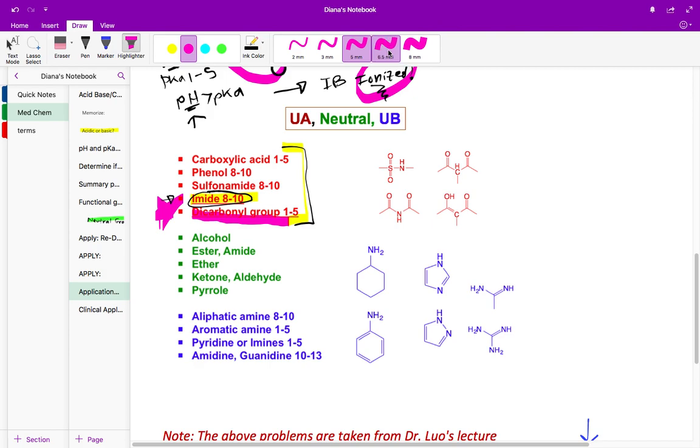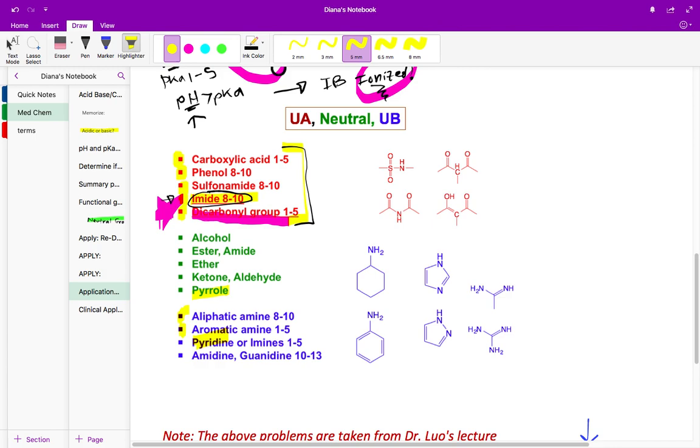You would want to know the carboxylic acid pKa. That's important. The phenol, the sulfonamide, the amide. Dicarbonyl could come up, so that one's good to memorize too. Aliphatic amine, aromatic amine. And then as far as pyridines go, make sure you know pyridine versus pyrrole. And know that the pyrrole is the one that's neutral and the pyridine is the one that's basic.